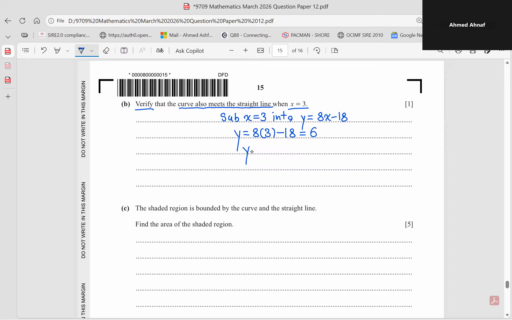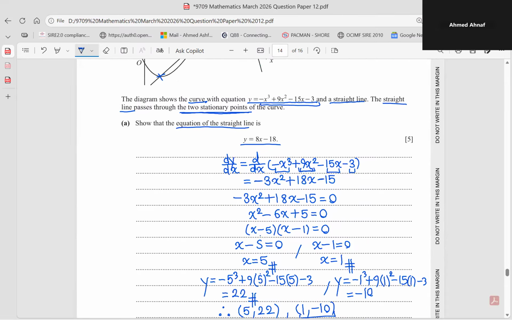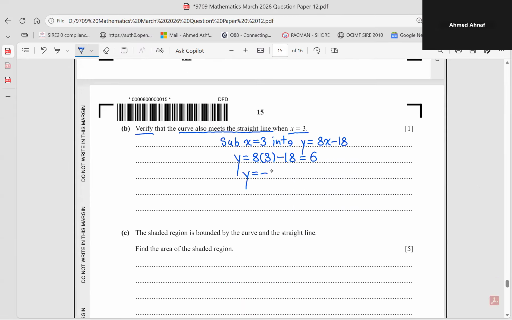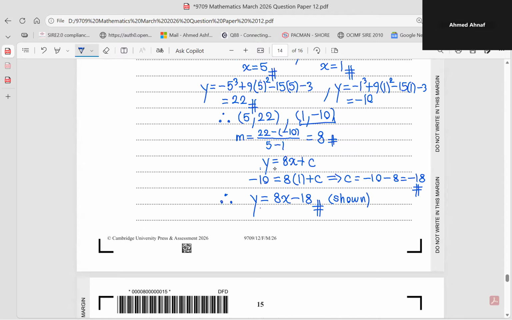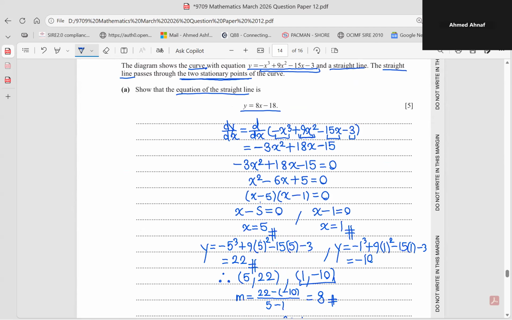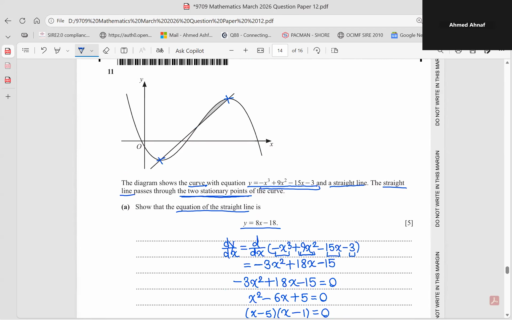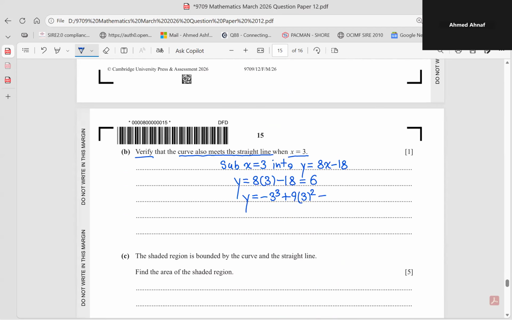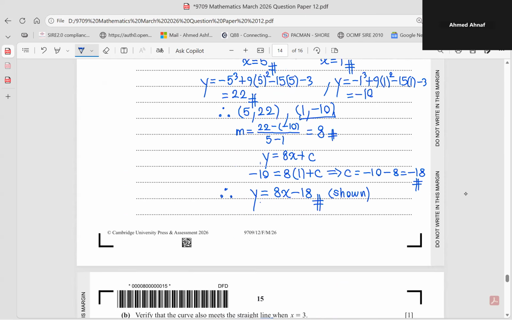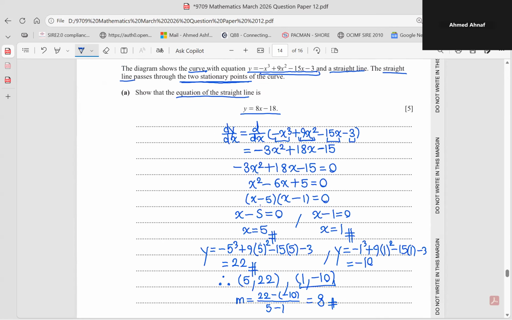And then you do the same for the cubic: minus 3 cubed plus 9 times 3 squared minus 15 times 3 minus 3.